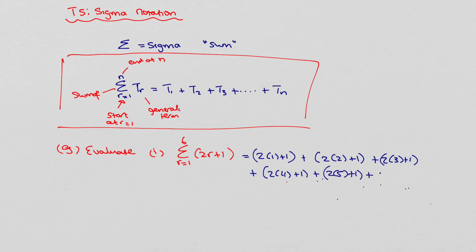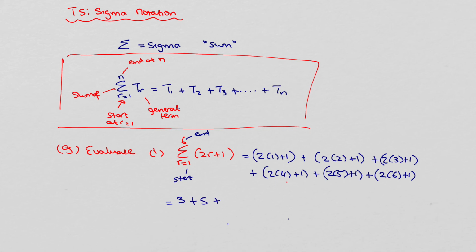And I go all the way to the last one, which is the sixth term, because at the top we had the number 6. So this is where I'm ending, this is where I'm starting. So if I simplify that, what that gives me is 2 times 1, which is 2, plus 1, which is 3. 2 times 2 is 4, plus 1 is 5.